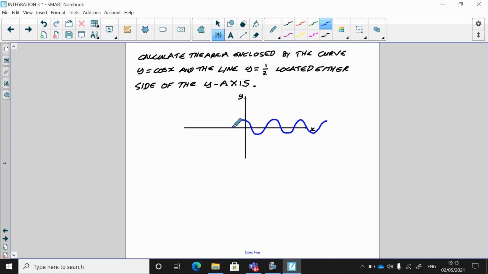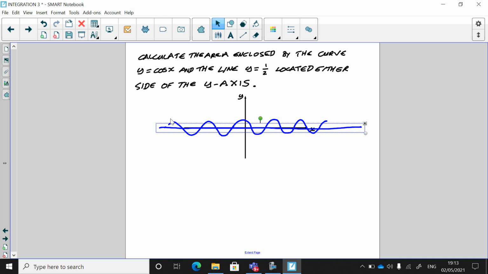My art skills are not brilliant, but it kind of goes like that. But y equals a half, that's at height a half, and obviously that's not at height a half because my diagrams are rubbish. So let's pretend that's a half.